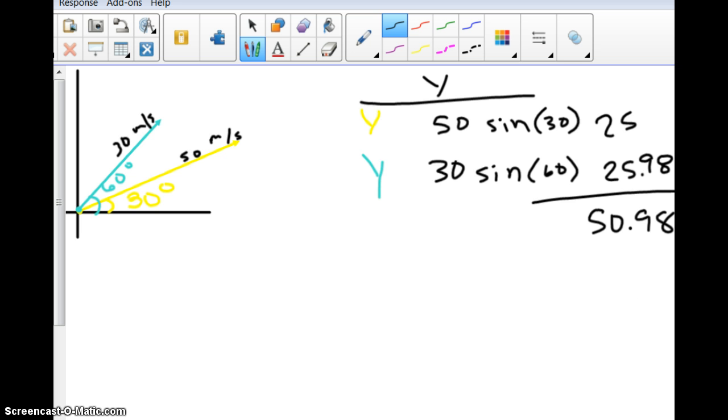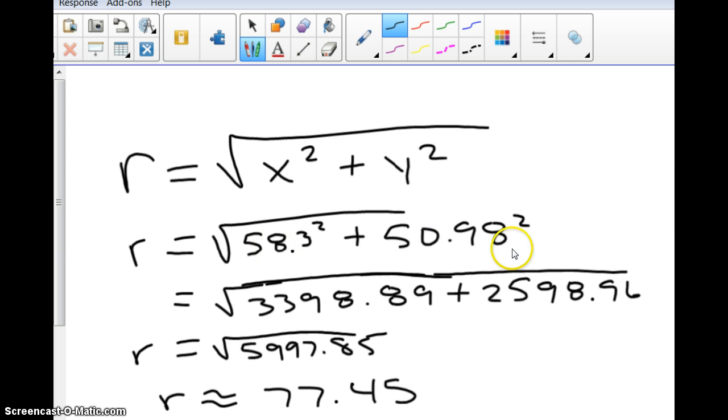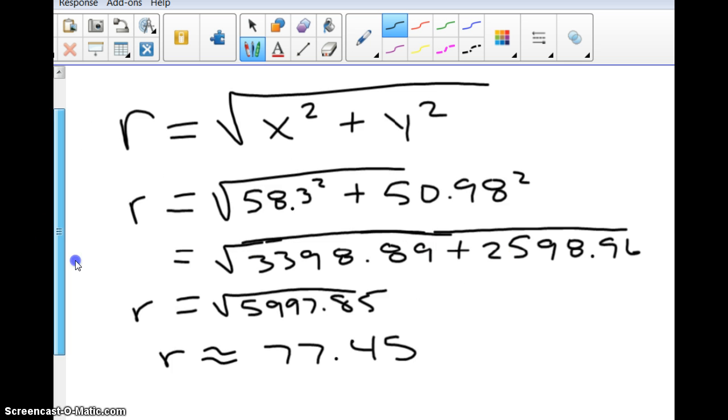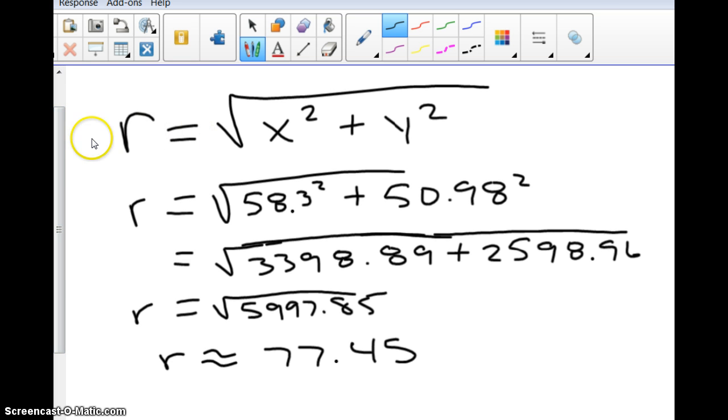So now we get to finding the magnitude. So I do have an r here because this is going to lead us to our resultant, but really this is our magnitude, and this is where we use Pythagorean's theorem, where a squared plus b squared equals c squared. In this case, we're using x squared plus y squared equals r squared.